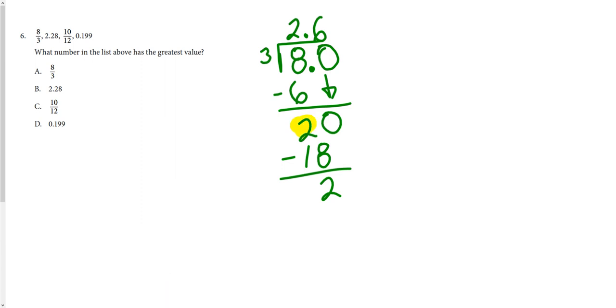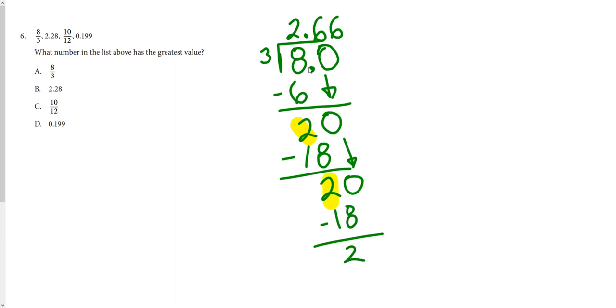Right, we had a 2 here and a 2 again. So if we go 3 into 2, we're going to get the same number all over again. Let's display that there. We'll drop down another 0, and the same thing will happen. We'll have to multiply by 6 again. We'll get 18 again. And again we'll get 2.